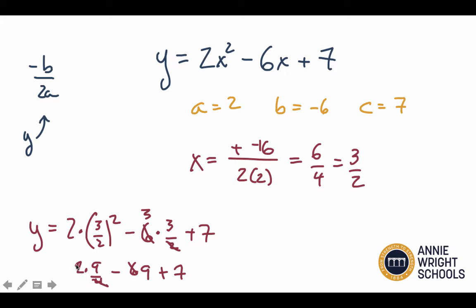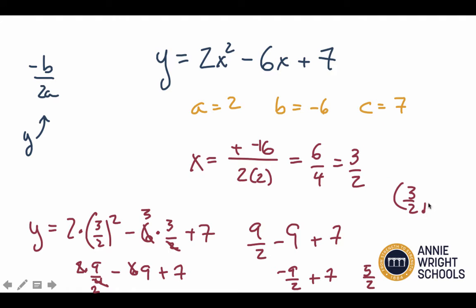And now this 4 cancels here, and I'm left with 9 halves minus 9 plus 7. That's negative 9 halves plus 14 halves, which is 5 halves. And so the vertex is the point 3 over 2, comma 5 over 2.